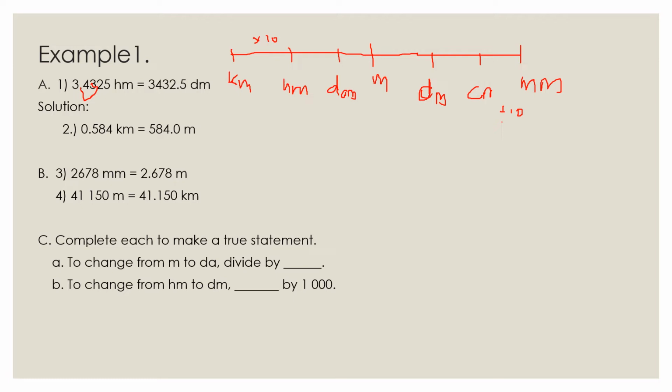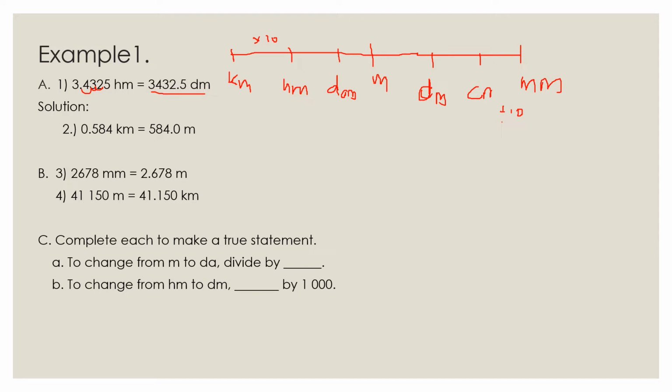We need to move the pointer up to decimeter, dm. That's why you have here 1, 2, 3. That's why our answer is 3,432.5. Alright? Okay, next.